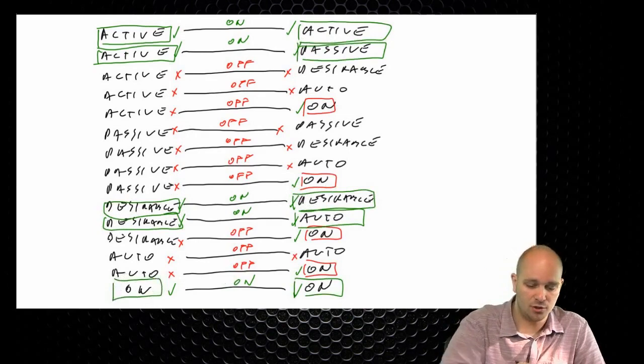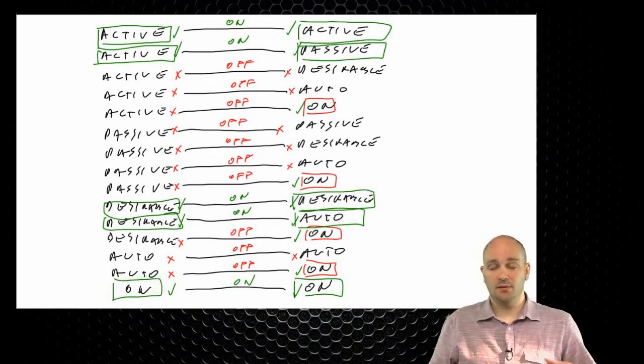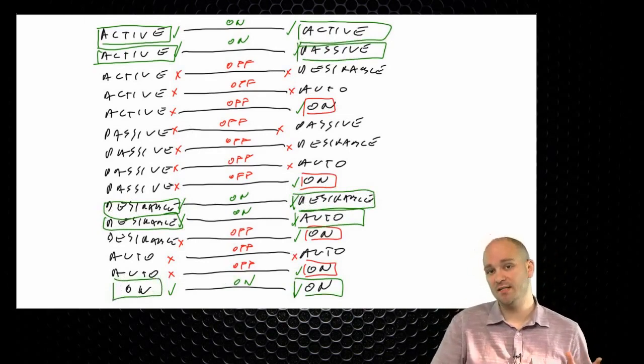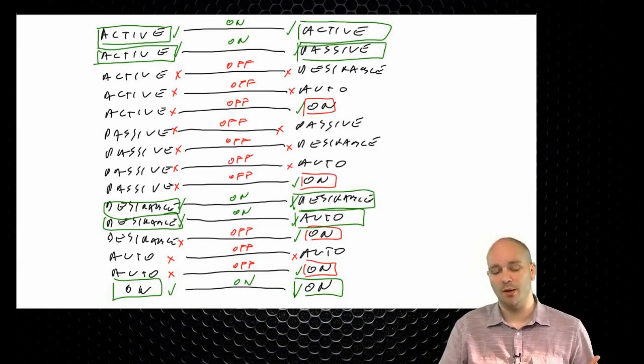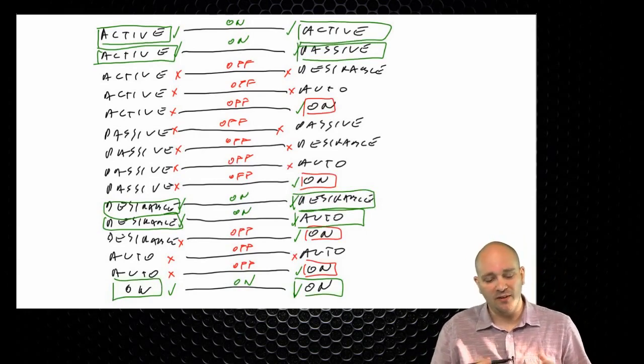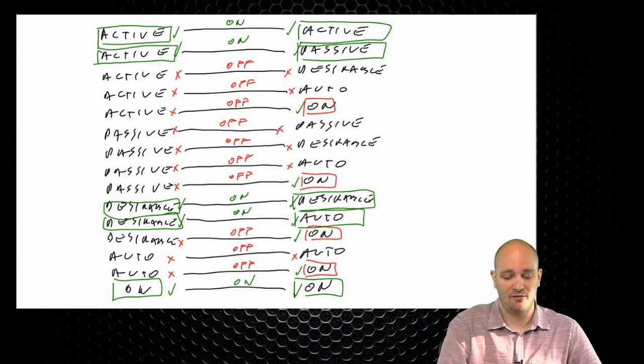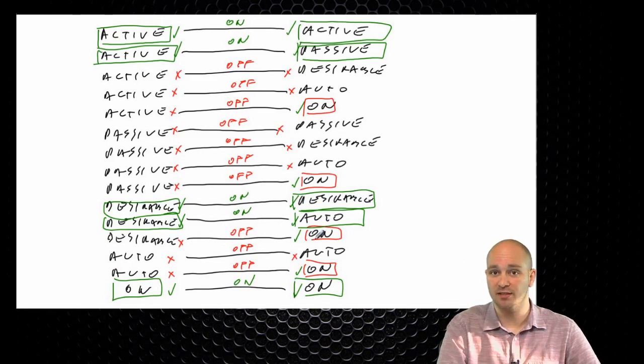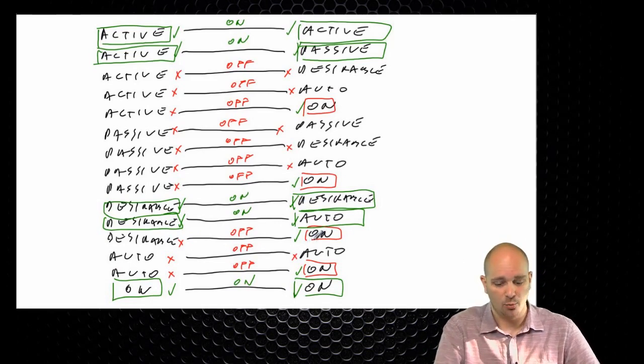Now, mind you that when we talked about DTP yesterday, and this is why I said it's important not to mix these two up, a perfectly valid configuration was to have desirable on one side and to have on the other side. And this would have resulted in an operational trunk with DTP.